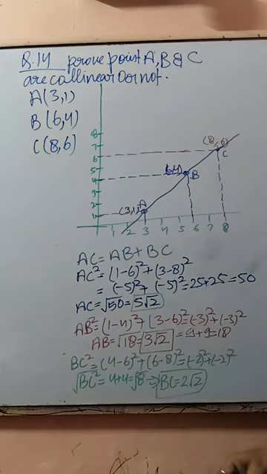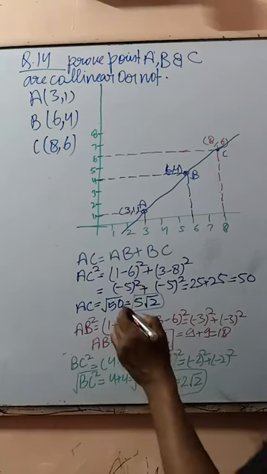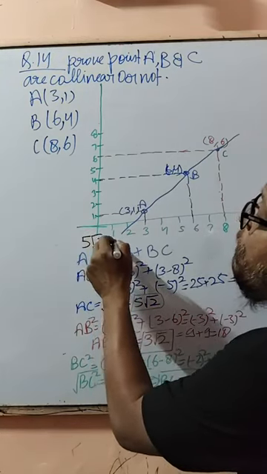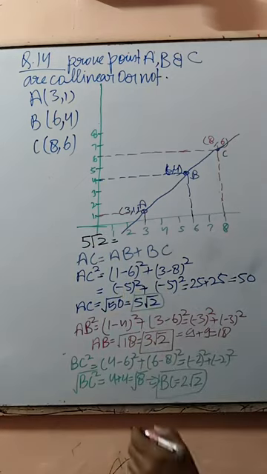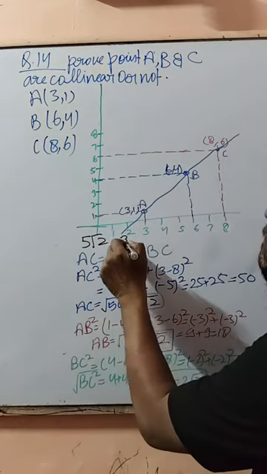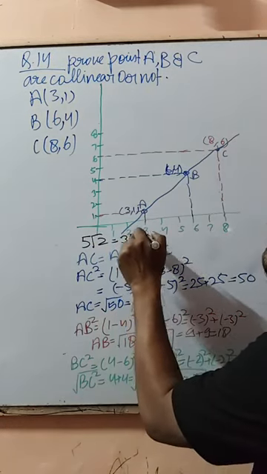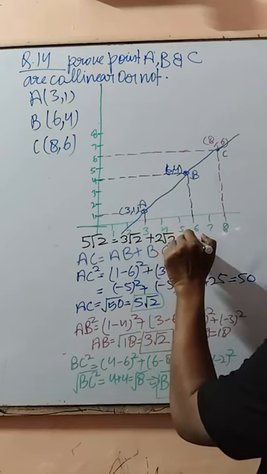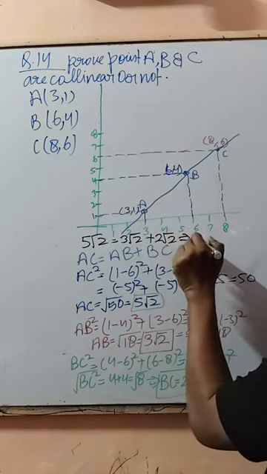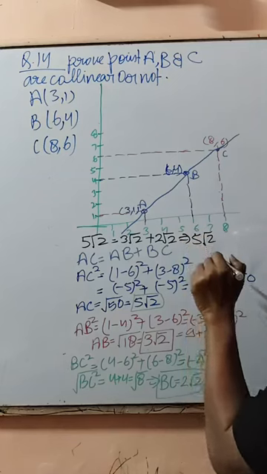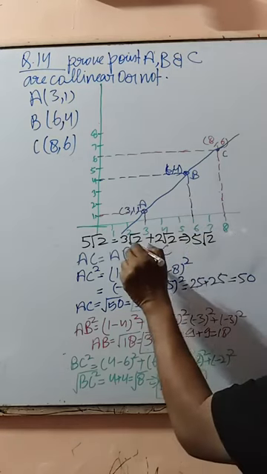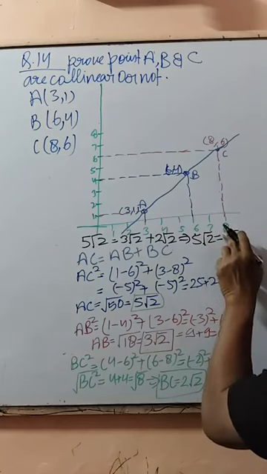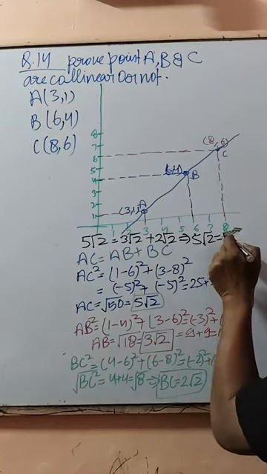Length of AC is how much? 5 root 2 is equal to length of AB 3 root 2 plus length of BC 2 root 2. So therefore 5 root 2 is equal to 5 root 2.